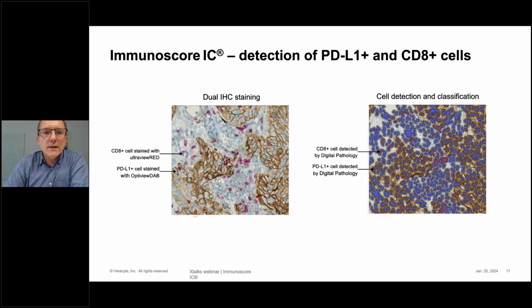The test needs only 1 section, and the sections can be digitized, then analyzed with a software to quite easily detect all the different cells, but also get a very precise detection of the CD8 positive, PDL1 positive cells, and we will see some analytical validation later on.